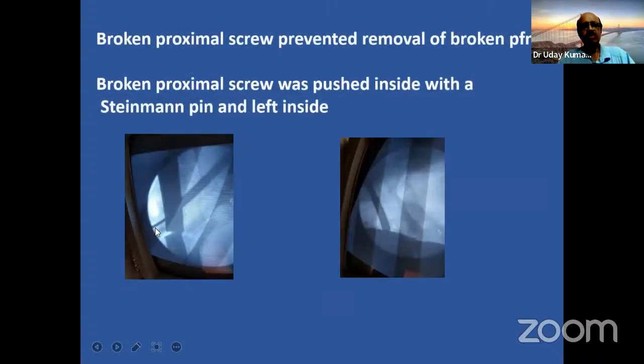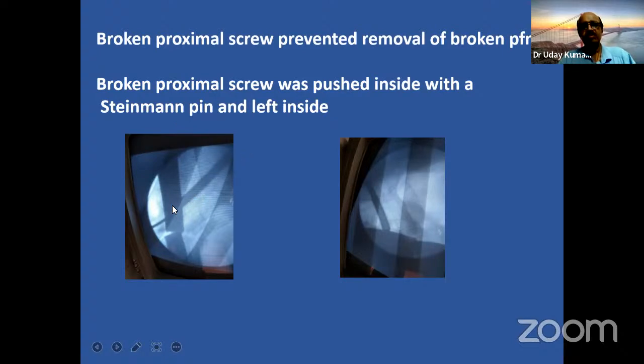First is this proximal screw. We removed the distal screw. After that, the proximal screw was locked into the proximal part of the nail, and we had difficulty removing that. So we took a Steinmann pin and gently tapped it into the head to unlock it.